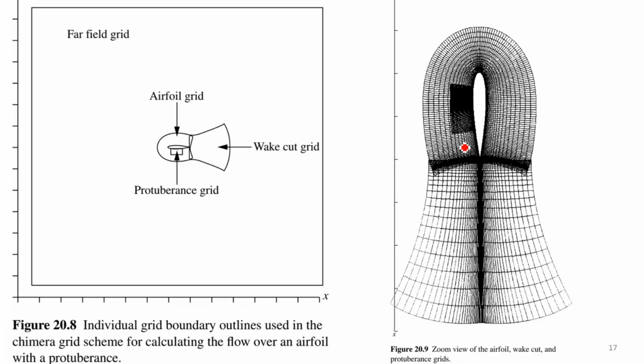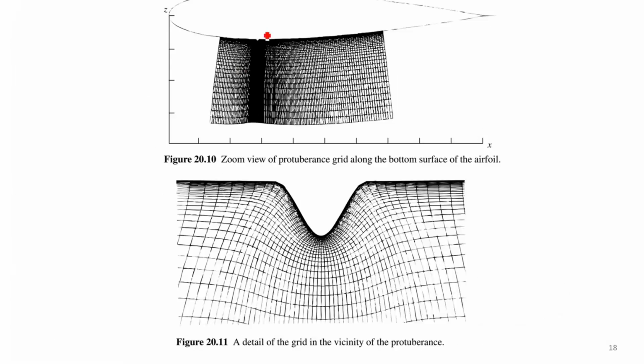So this small defect is not visible from the far field. It's not visible on the closer view, but when we zoom more, okay, this is the protuberance here. This is the simulated change of shape.